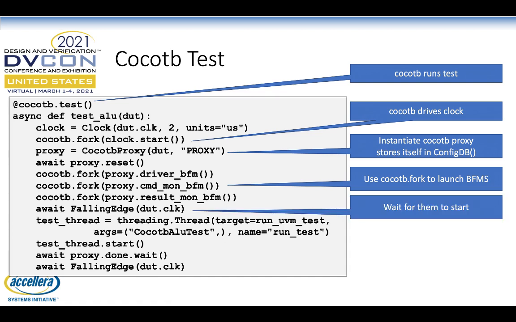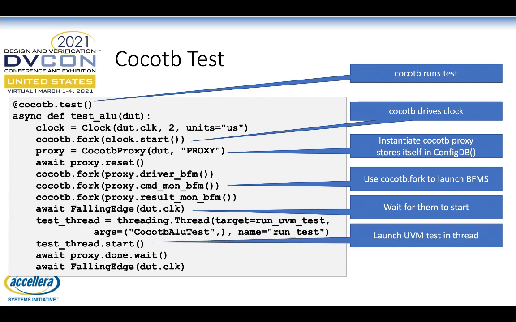And then we wait for the falling edge of the clock just to give them a chance to get going. And then we create a thread that launches a run test in the UVM and passes it this CocoaTB ALU test name, which causes the UVM to create a CocoaTB ALU test and run.